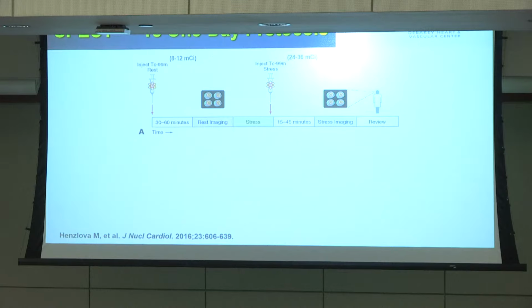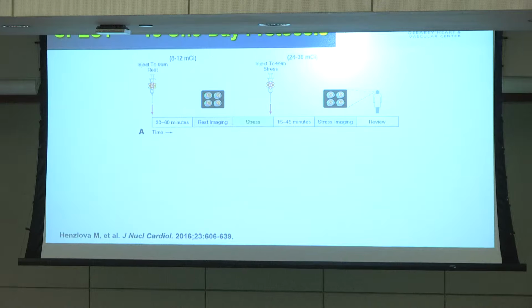Then you stress the patient and inject 3 times that dose to shine through it. So you get the information on the same day: rest injection, stress injection. If you survey labs, this is the most common protocol used in practice.